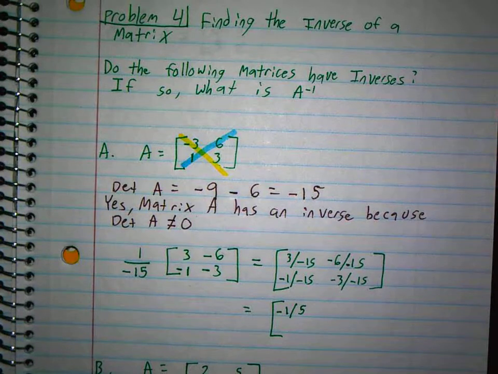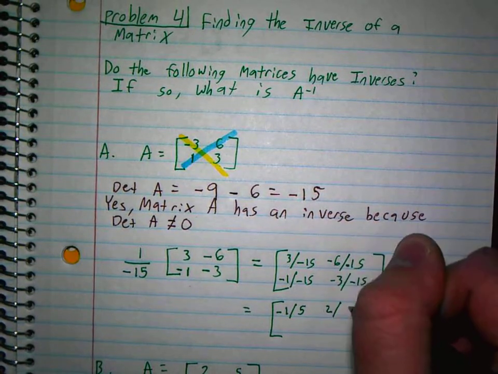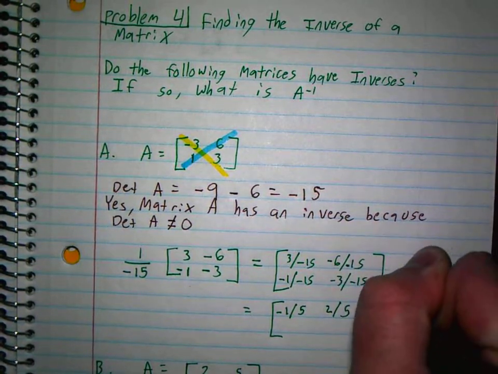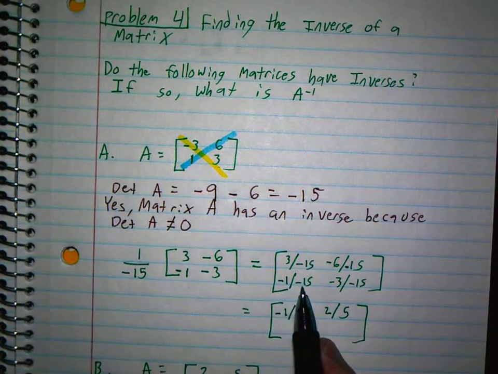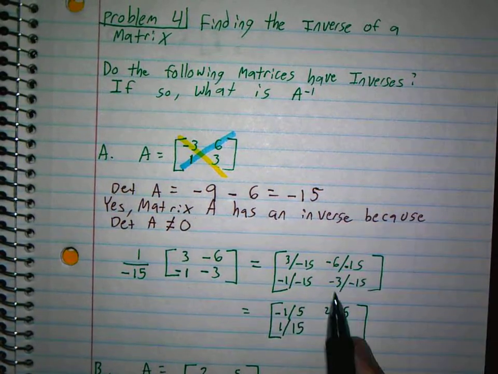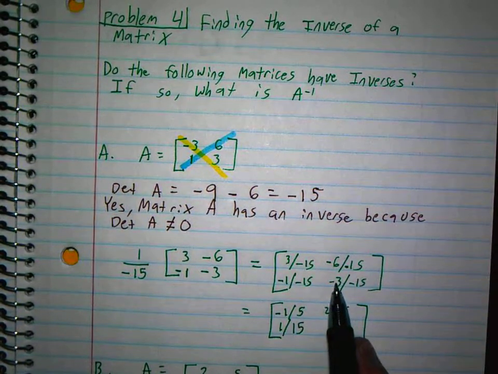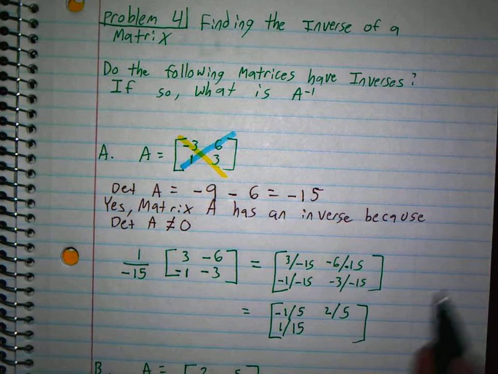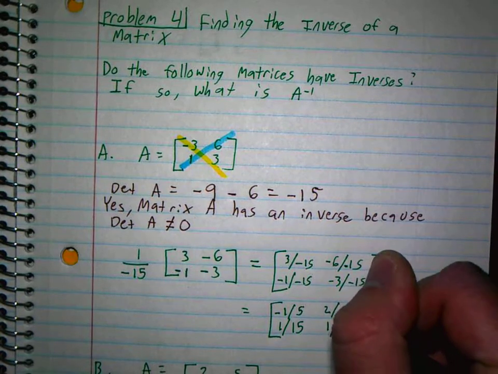Yeah, 2/5. And then here, negative over negative makes positive. So it'd be 1 over 15. And then here, negative over negative makes positive, and 3 over 15 reduces to 1/5. Okay.